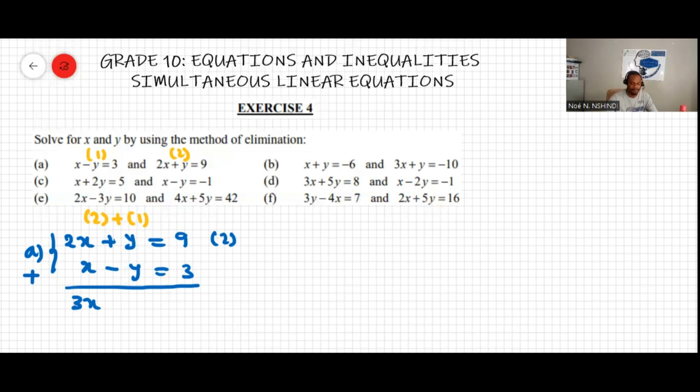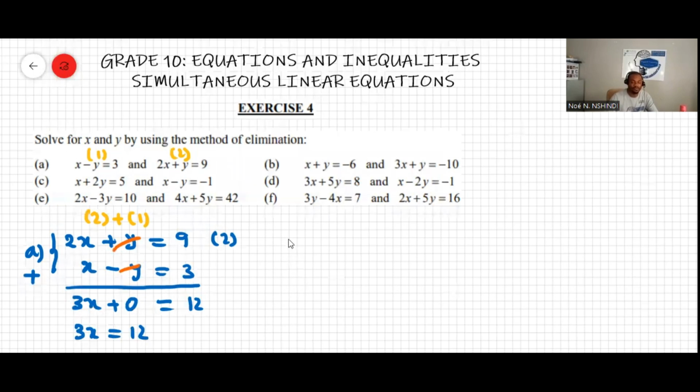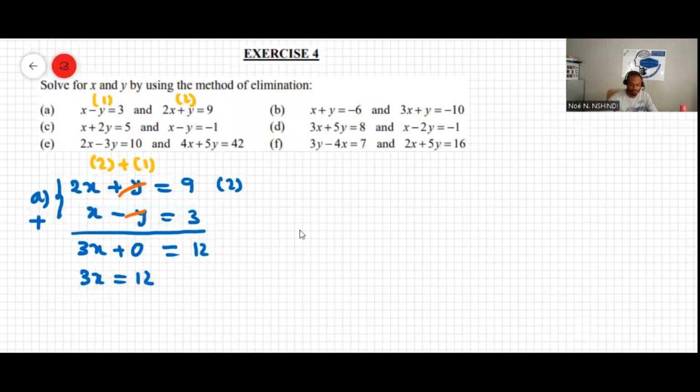So it's 0 equal to 9 plus 3 is 12. Now this will be 3x equal to 12. To get the value of x, we divide both sides by 3, and we find the value of x will be 4.